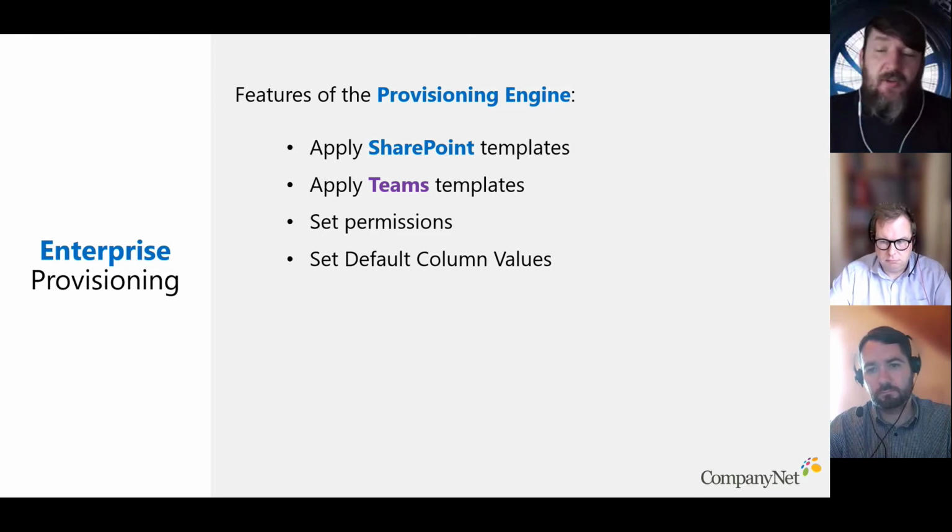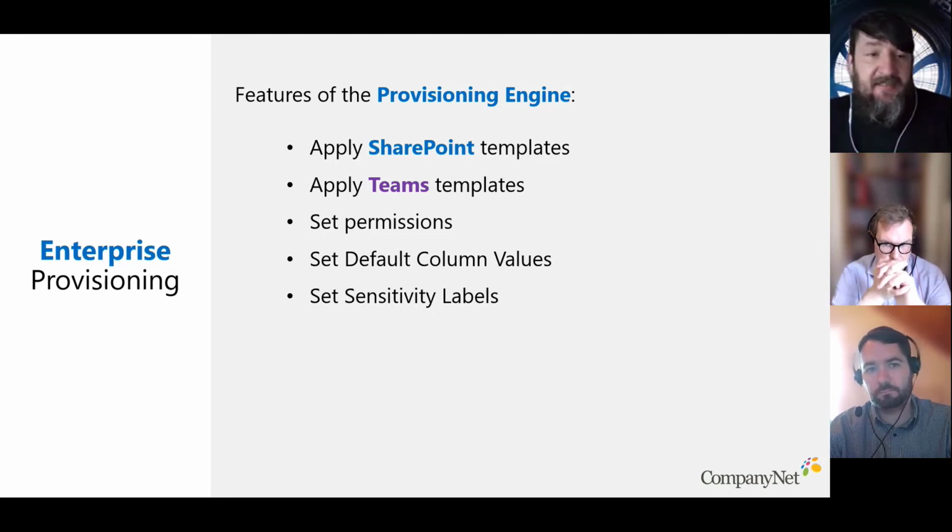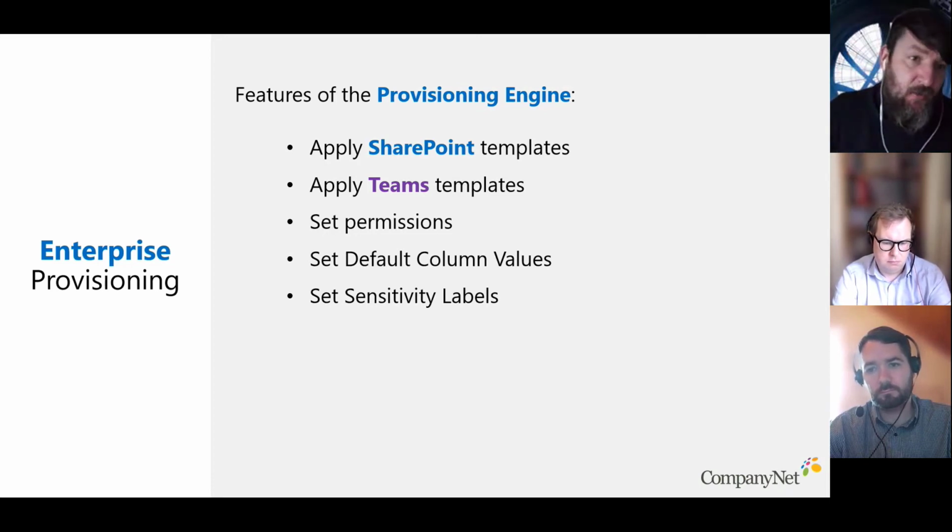Default column values can all be set via the provisioning engine. Sensitivity labels, which I think is key for any organization to have in place, not just about your documents and your data, but also about the containers that contain that information. So how are we protecting them, keeping our sensitive internal-only data controlled or protected by this label to make sure that no external or guest people can access it?